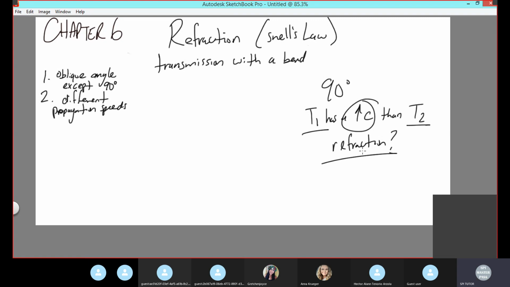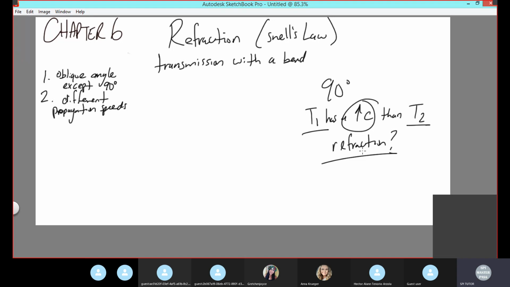They give you 90 degrees. So just because a question asks you what the refraction is doesn't mean that there is any. You first have to prove to yourself that there is refraction. Don't take the question as being true. If I blame you because you stole my cookies, that doesn't mean that you stole my cookies. Me blaming you doesn't automatically make it true.